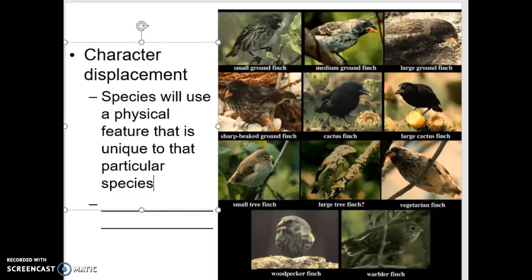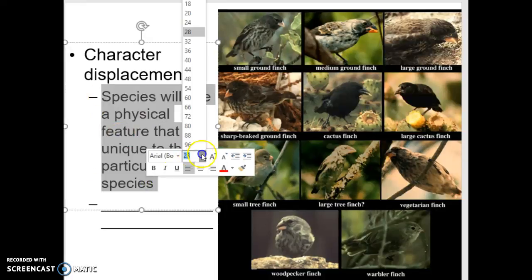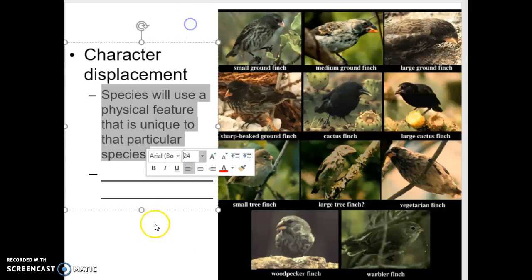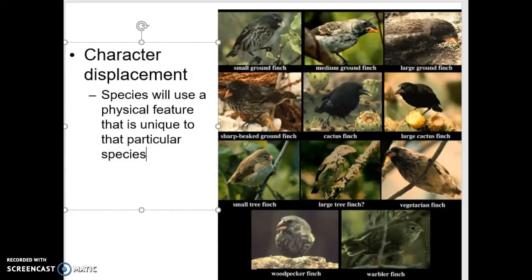So it's something different, something unique, something special that the other similar species don't have, and it gives them an advantage. So again, with our finches, the beak is an example of character displacement. Each species' beak is slightly different, and that allows it to obtain food that the other birds on the island can't, or the other species can't.